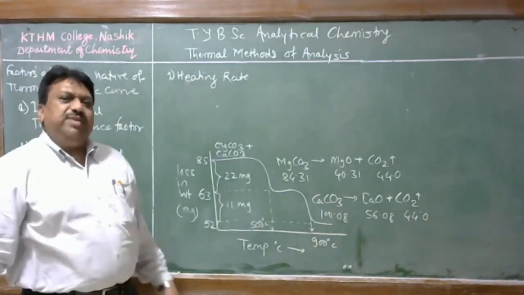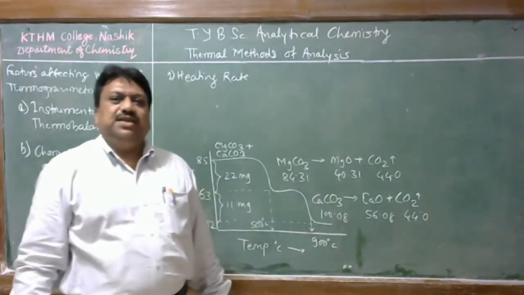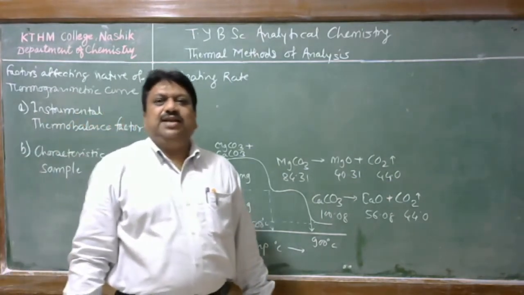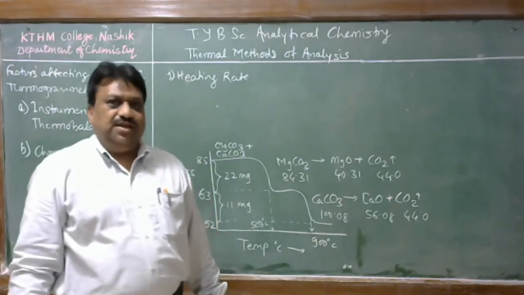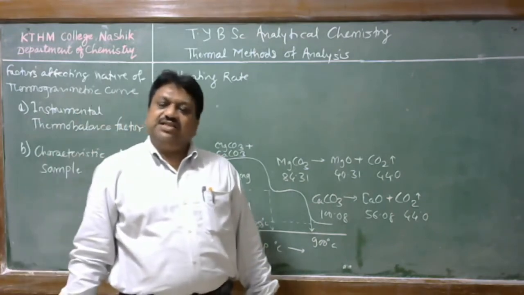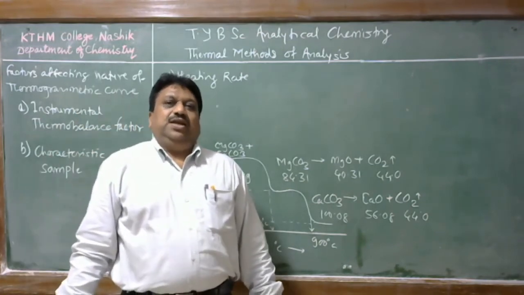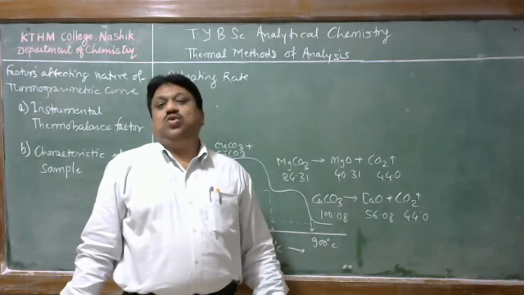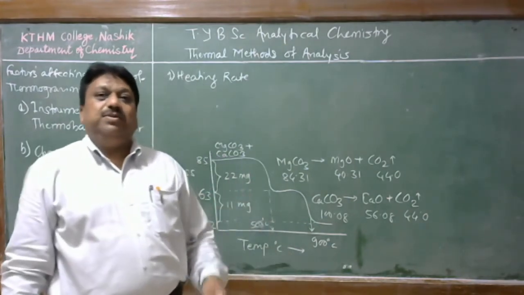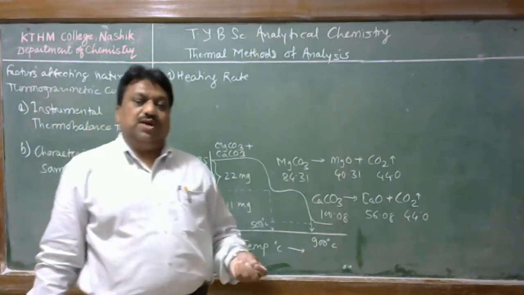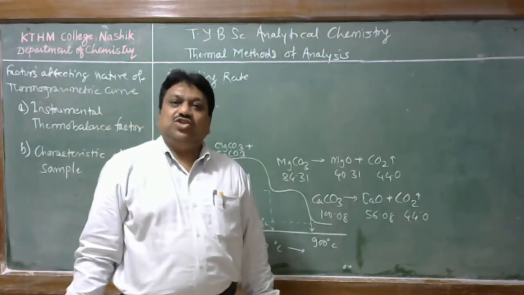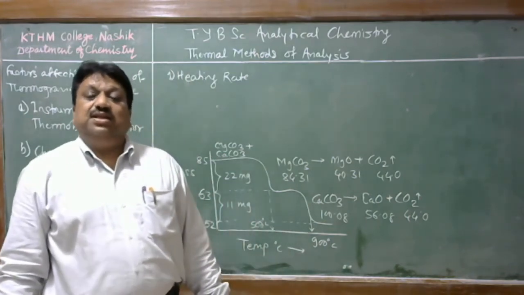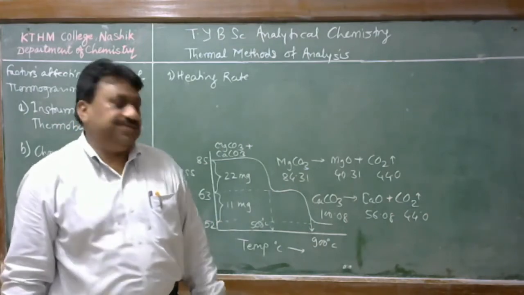In thermogravimetric analysis, the sample is placed in a thermobalance and it is heated linearly. Temperature change is linear as a function of time. No doubt it is linear, but it may be faster or slower, and that directly affects the nature of the thermogram as well as the decomposition temperature of the substance.